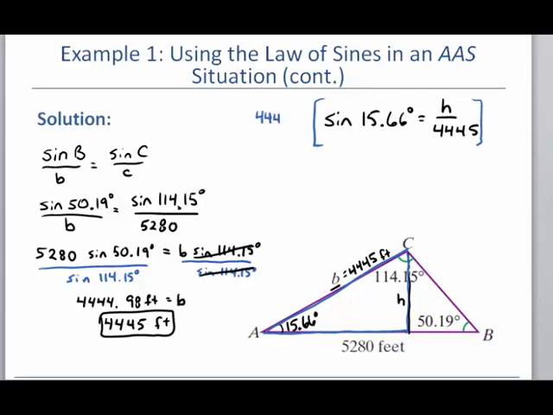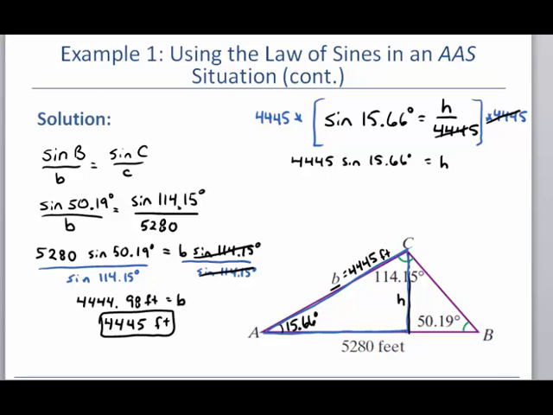Now, we want to solve for h, which means the first thing I want to do is get rid of that fraction. And I'm going to get rid of the fraction by multiplying both sides by the denominator, causing it to cancel over here and giving me 4445 times sine of 15.66 degrees. And again, this is something that I can put in my calculator.